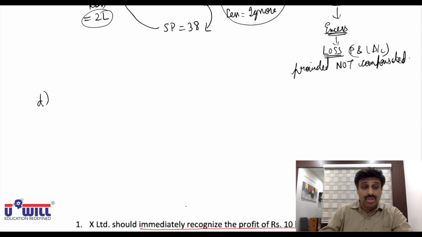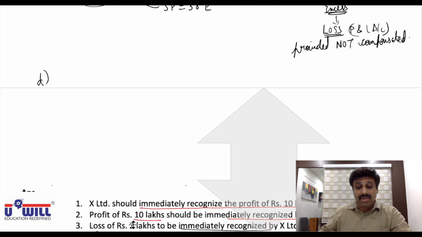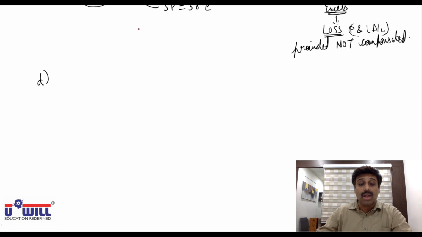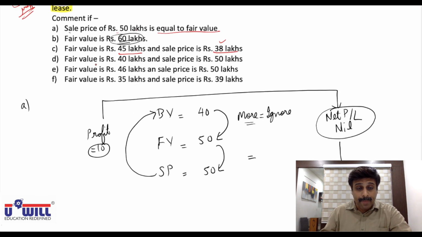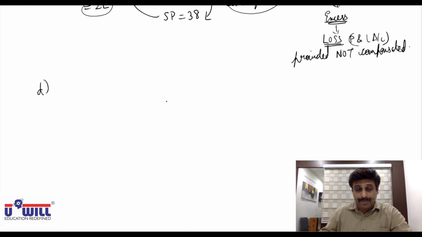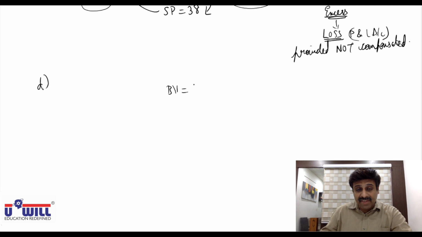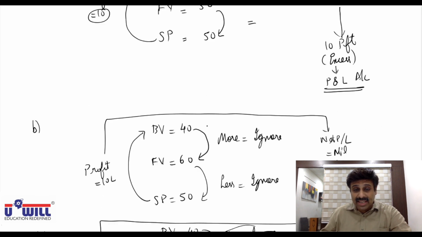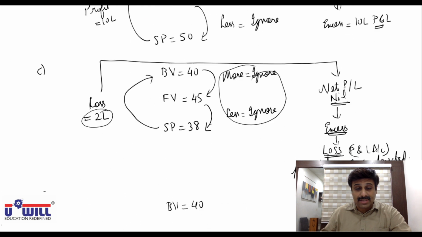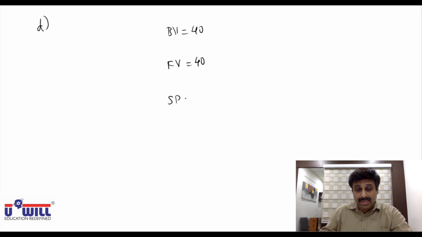Now understand situation D. The diagram which I made you write will fulfill all the situations. Look at D. Fair value is 40 lakhs, selling price is 50 lakhs. Book value is also 40. Fair value is also 40. But now selling price is 50 lakhs. Let us do step by step comparison.